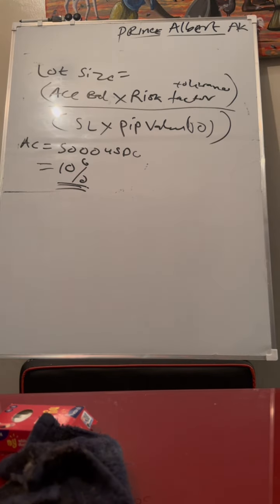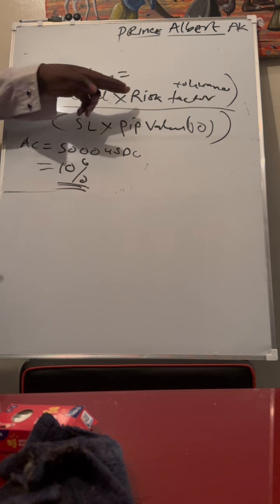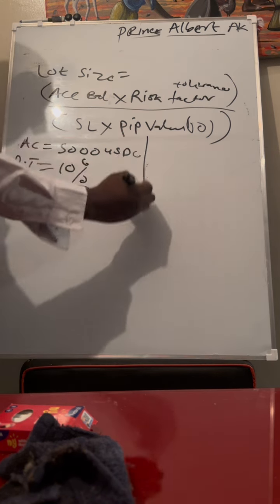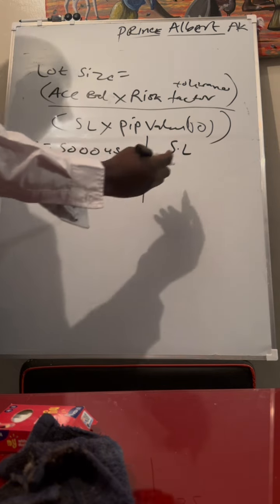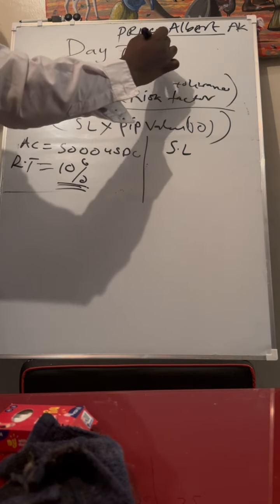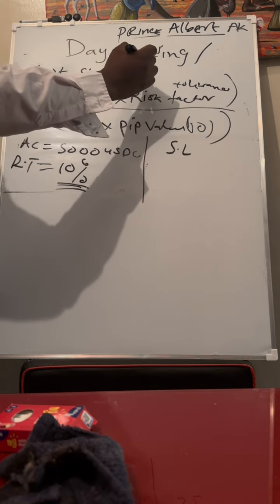So let's do our account balance. The risk factor is what you're willing to lose, and this is our risk tolerance, RT. Then we have now to calculate our stop loss. So we are going to do day trading, which can also be converted to swing.